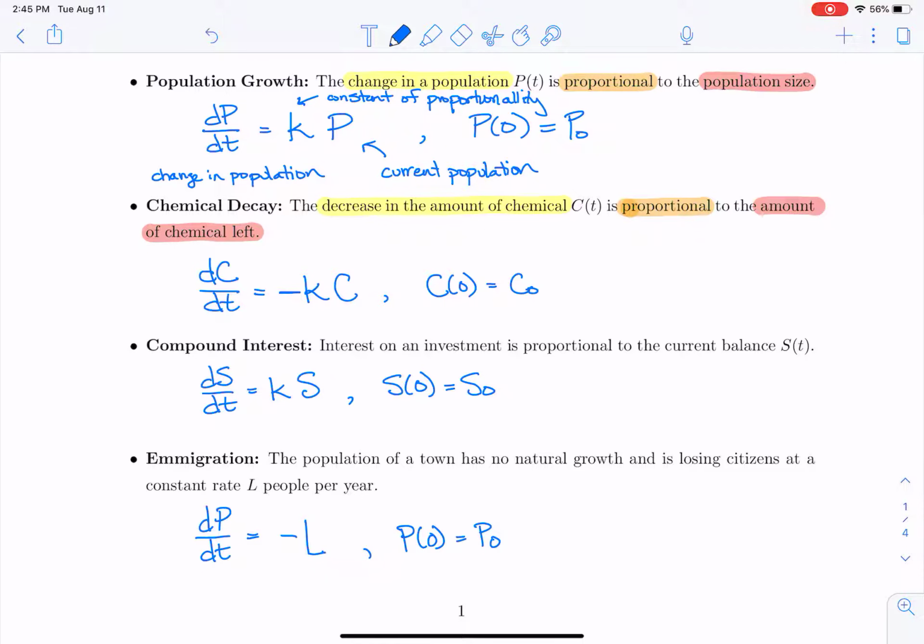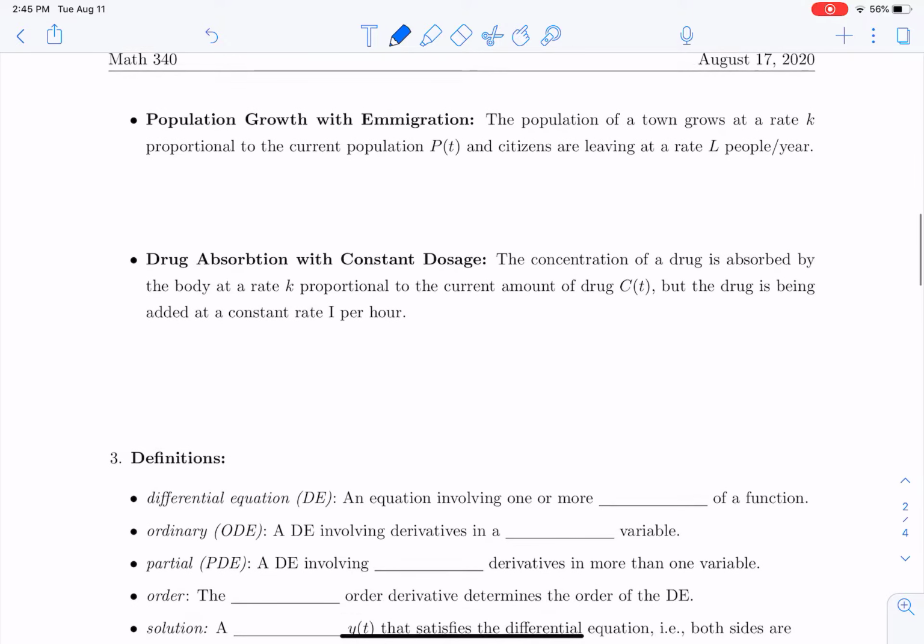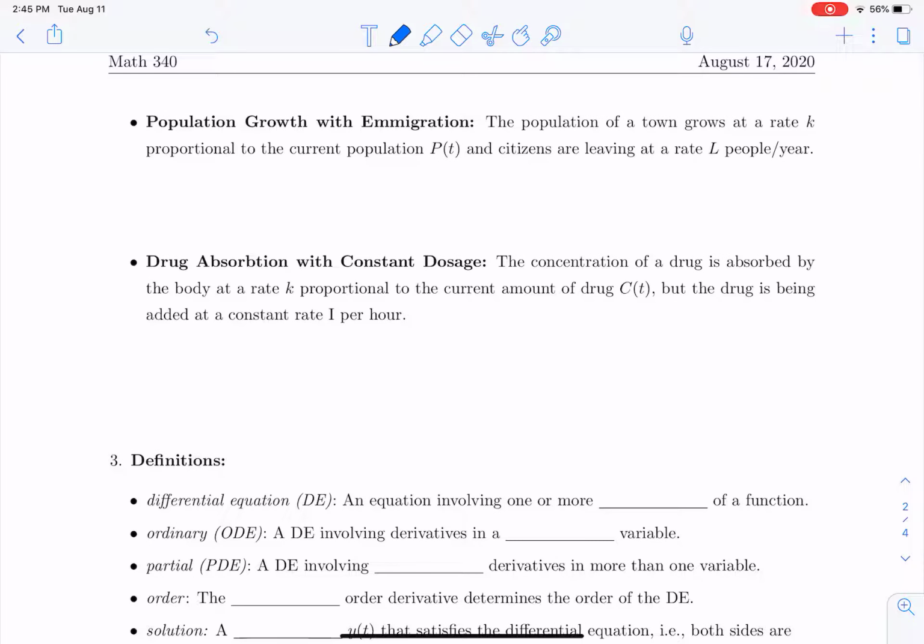Okay, so what does that have to do with some of the other models that we were looking at? Well, what if we were to have a town that grows at a rate k?